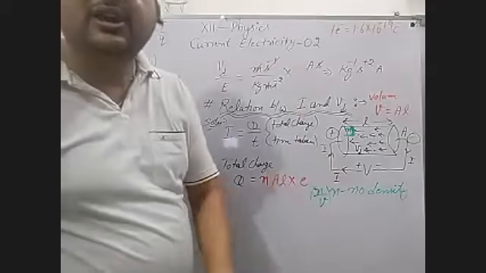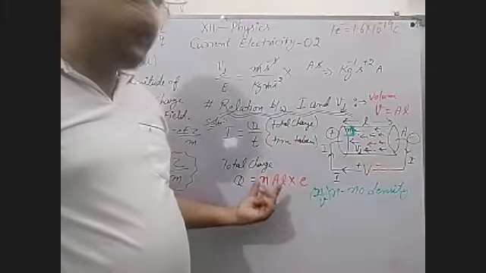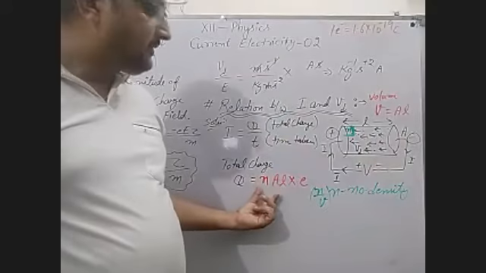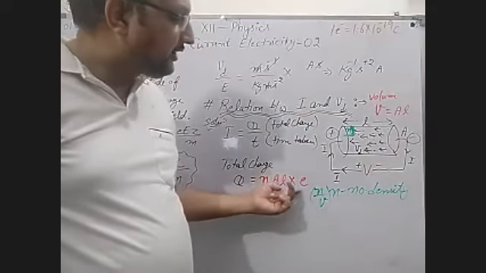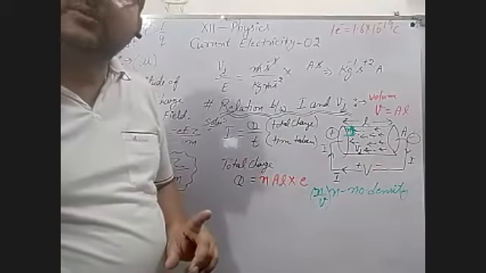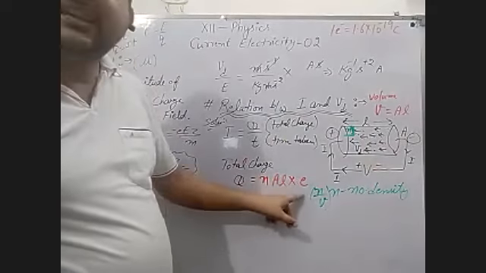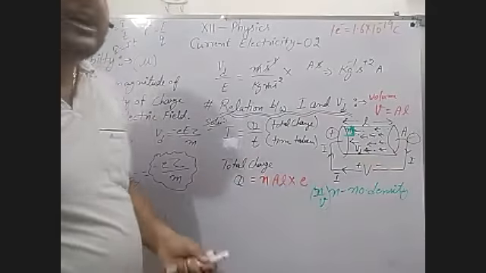But how much charge is on that conductor due to these charge carriers or electrons? Then you have to multiply this number by e, by quantization of charge, you can say also. Total number of electrons, nAL, multiplied with the charge on an electron.